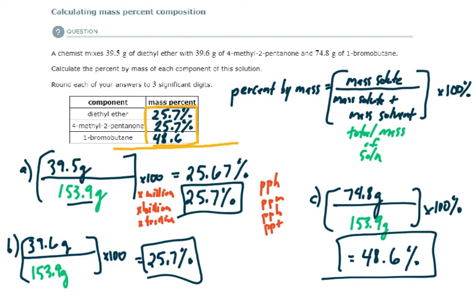Let's check it and see. This is how we can check ourselves to see if we did it right. So 25.7 plus 25.7 plus 48.6 is 100% exactly. If we didn't get 100, that means that we rounded too much or too little, and we should probably go back and fix that so that we don't have any issues in ALEKS as we submit our final answers.